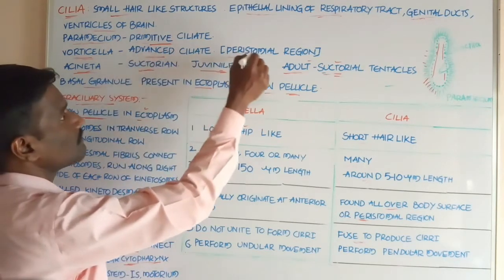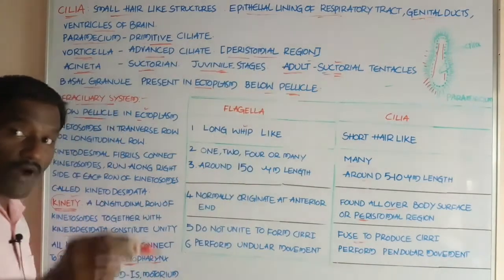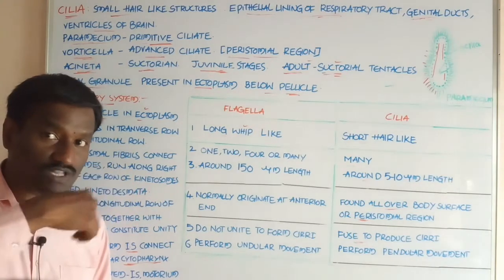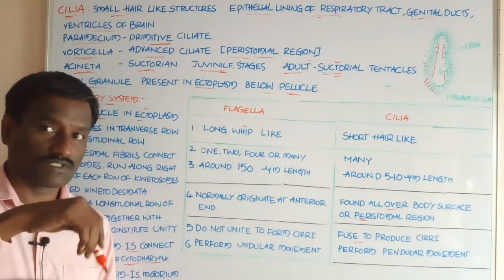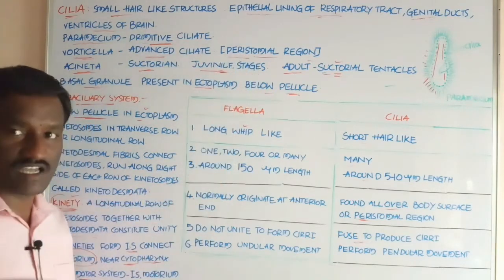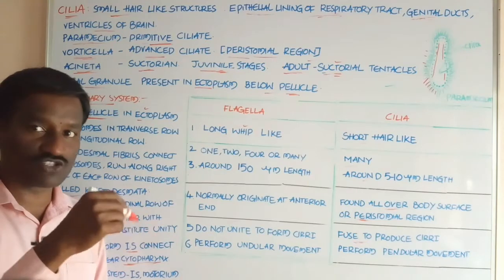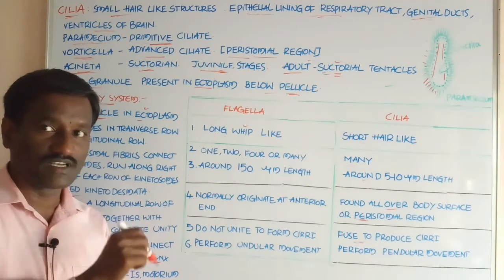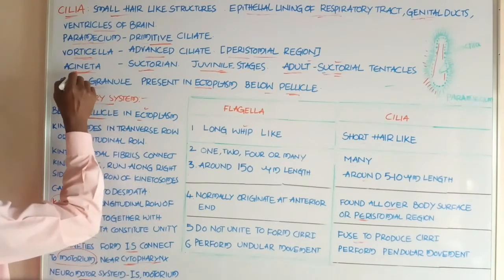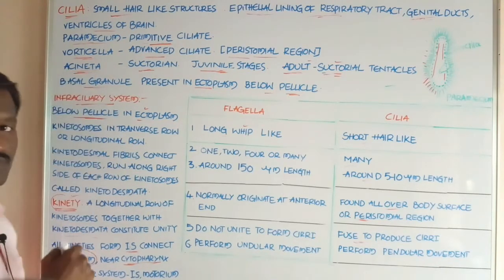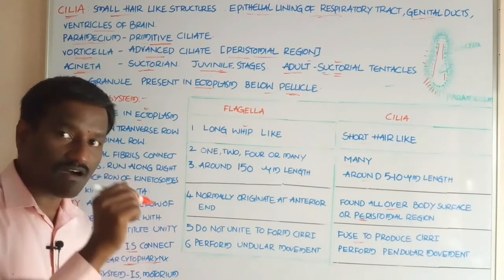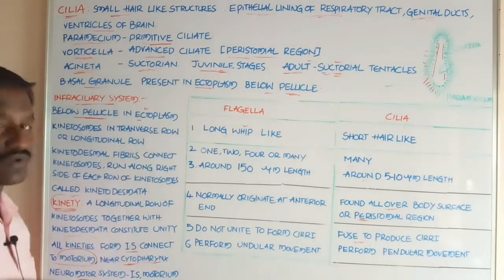In Vorticella, the peristomial region, the part that surrounds the mouth, is the only region that has cilia. Next, Acineta is a suctorian.